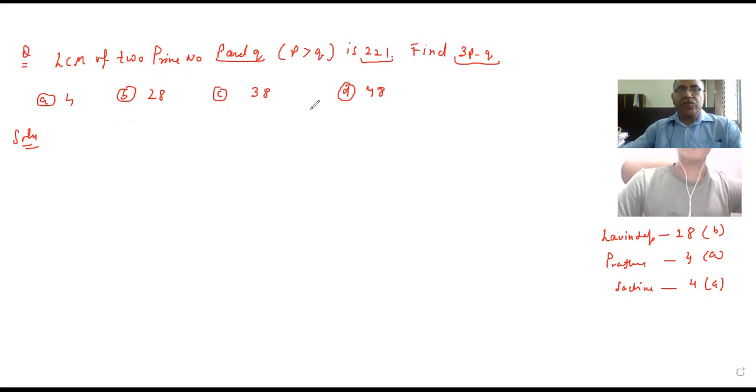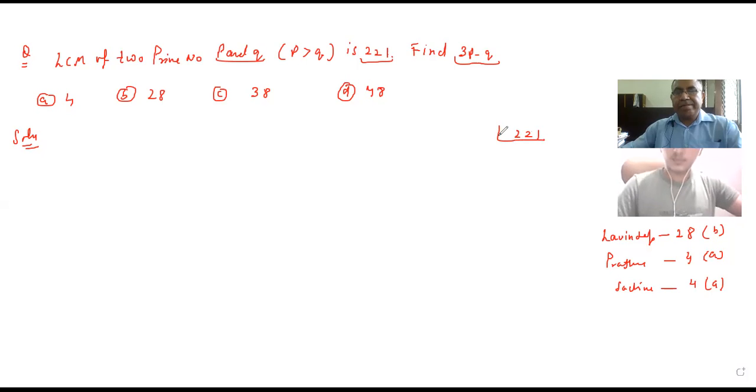So LCM of two numbers P and Q is 221. So first I have to see what are those numbers whose product is 221. दो numbers जिनका product 221 है, because he is saying LCM. LCM means if there are two co-prime numbers, I have to make the product of those co-prime numbers to get 221. So one way is to make the factors.